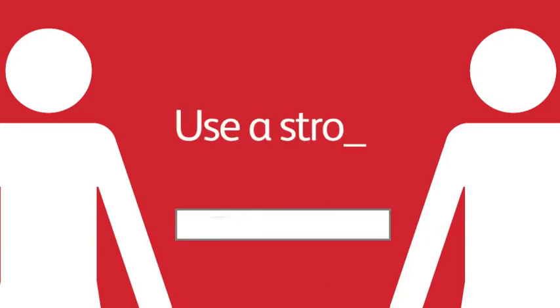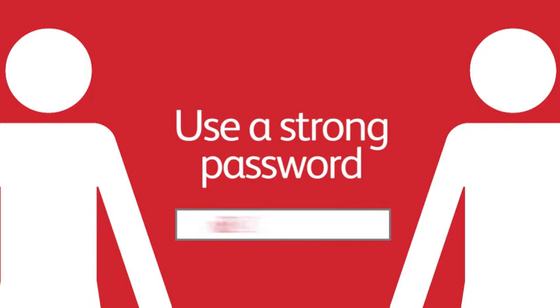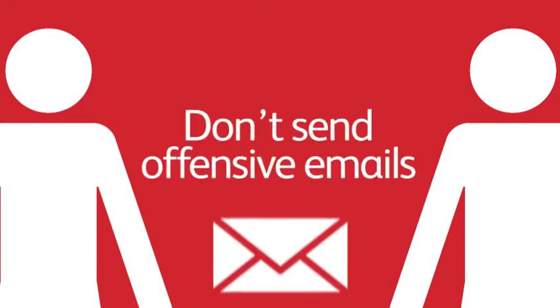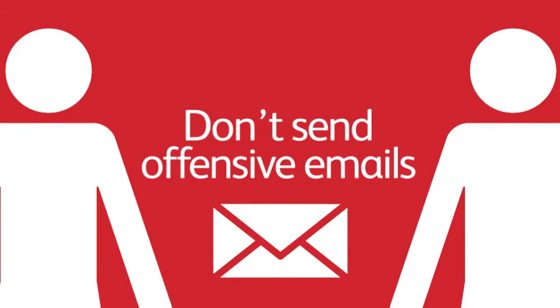To use a strong password. These are at least 7 characters long and have a combination of upper and lowercase letters, numbers, and the special keyboard characters like asterisks or currency symbols. Not to send offensive emails about other people, their private lives, or anything else that could bring your organisation into disrepute.